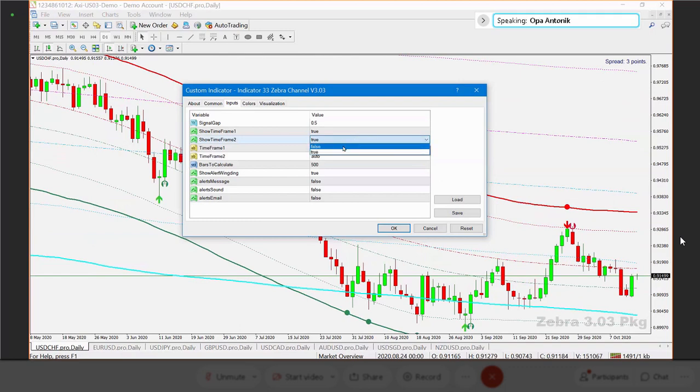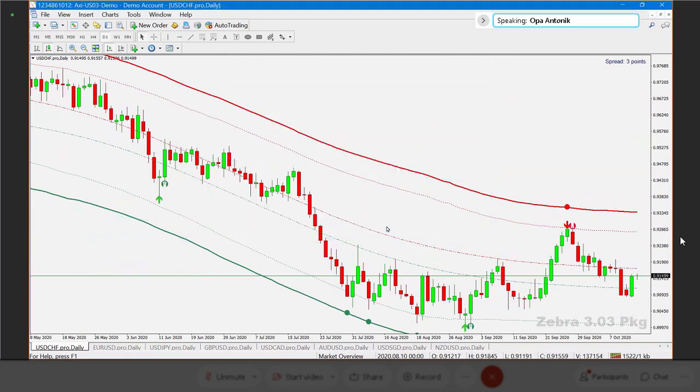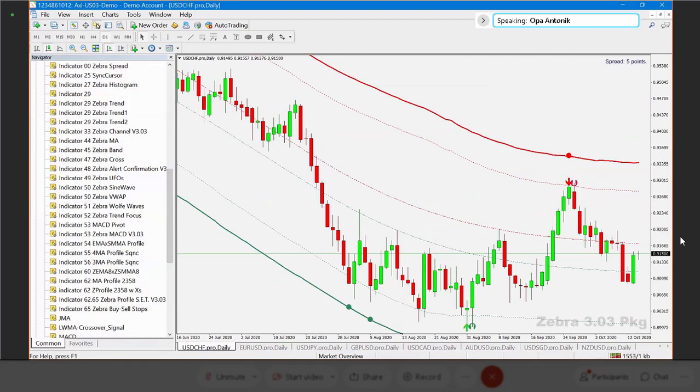I've already determined that. The reason I take it off is because if we have a lot of activity going on the chart, sometimes the chart might freeze up, especially if you don't have enough RAM or if your processing speed is slower.